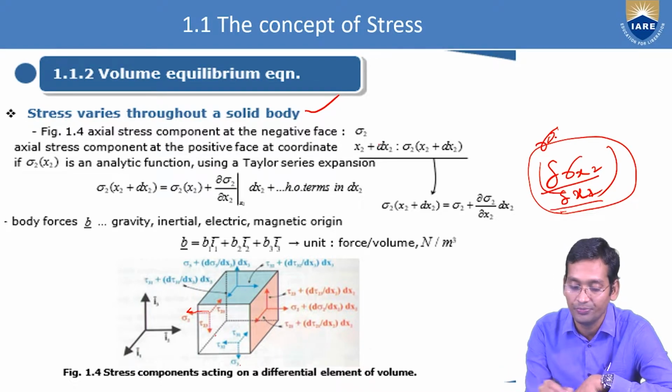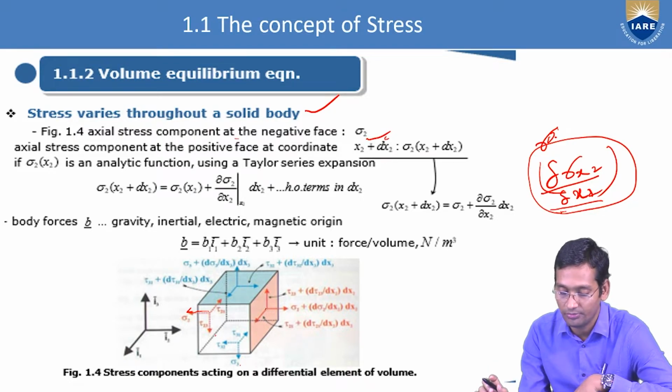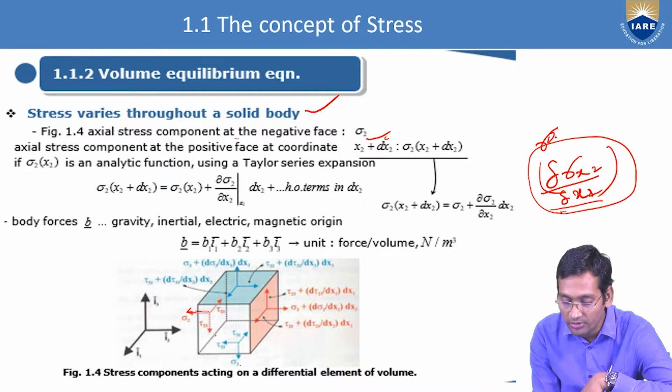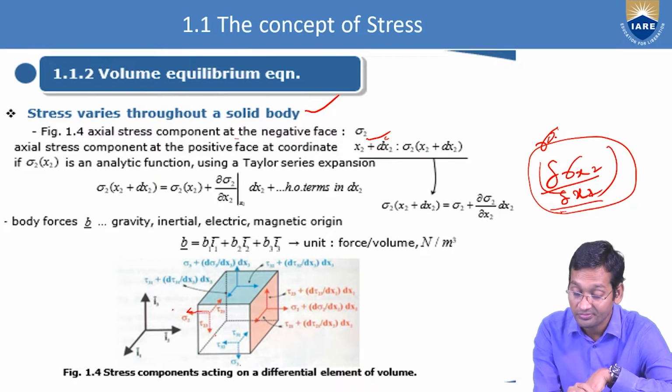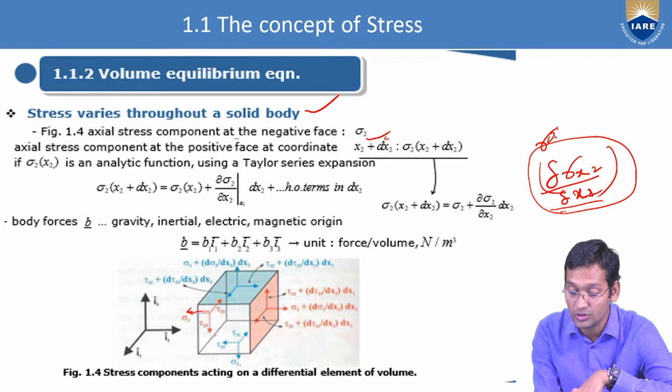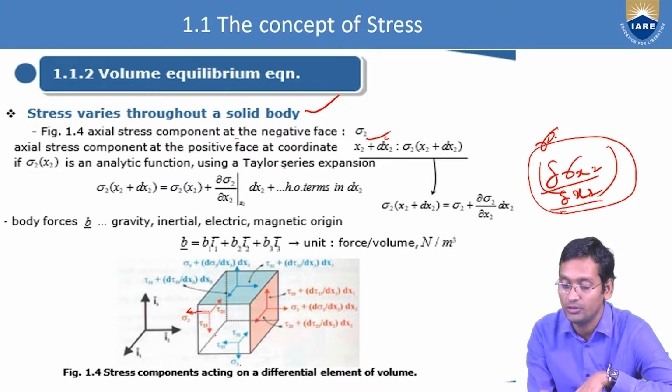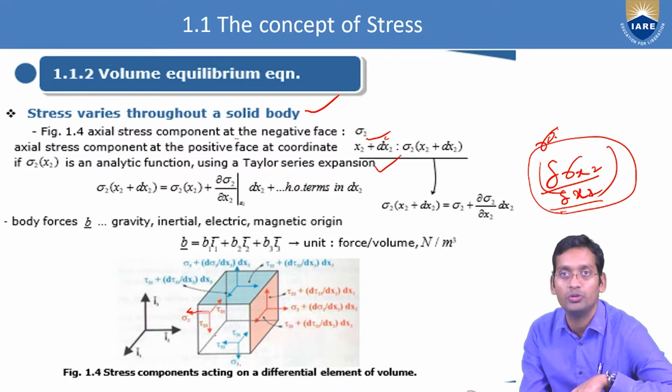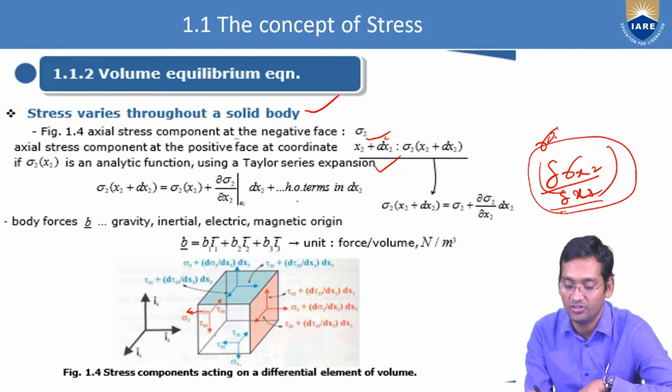So now let's see the axial stress component at the negative face, that is sigma 2, negative. Why? Because sigma 2 is here. If sigma 2, that is at x2, is an analytic function, we can use a Taylor series expansion. I hope you know the Taylor series. If not, just see this one.